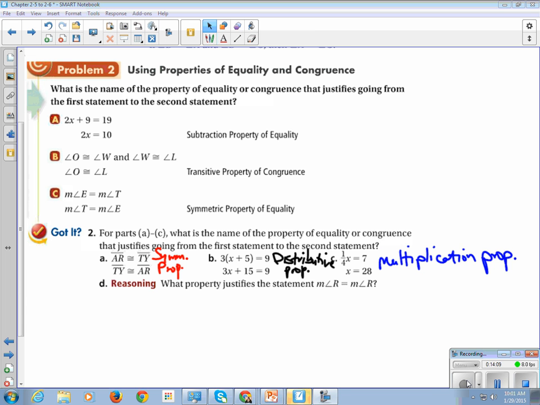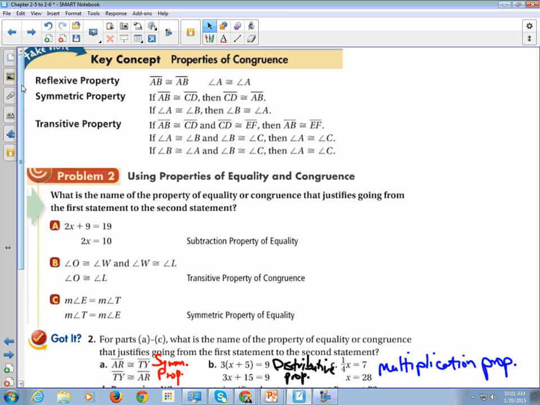What property justifies the statement measure of angle R equals measure of angle R? It's the only one of our new ones that we haven't used yet. What is it when you just rewrite the property as it is? Do we need to go back and look at our properties? Please feel free.